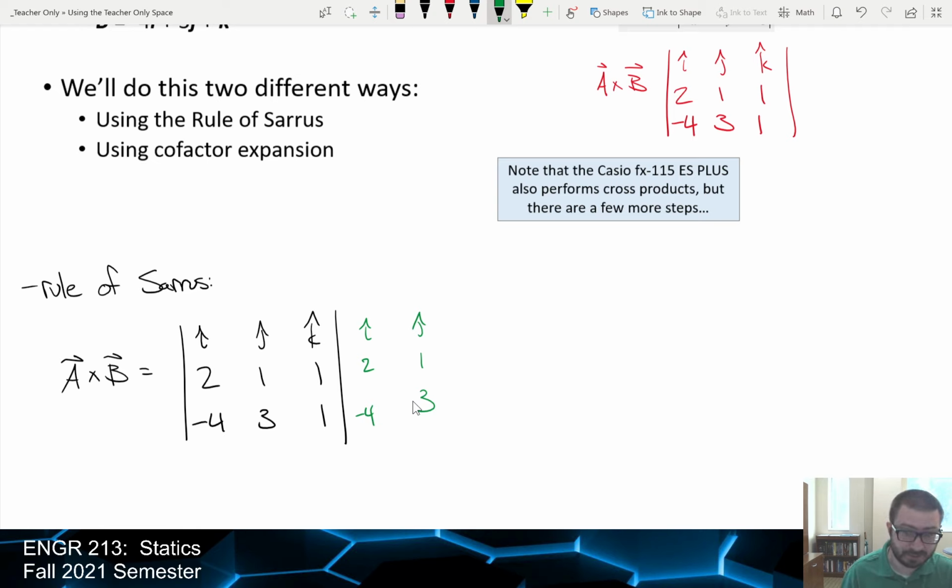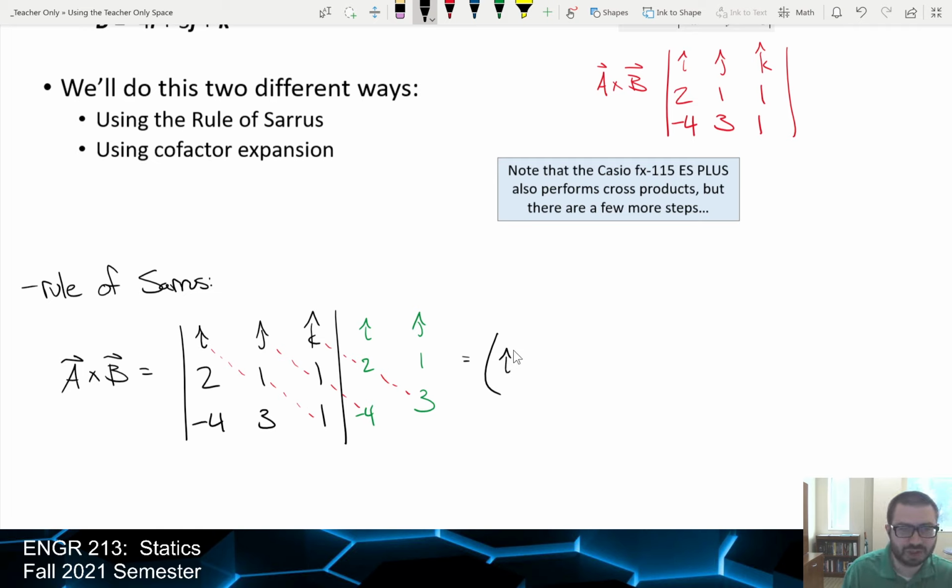And what you then do is you say, okay, I'm going to take all of my products first this way. So you do this sort of diagonal, like checkerboard type thing. You do those products, okay? So let's do those. Let's see what you get. All right, so for the first one, what do you get? You get i times 1 times 1, you get i.